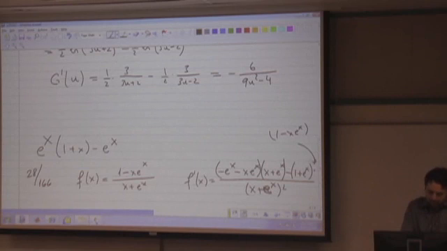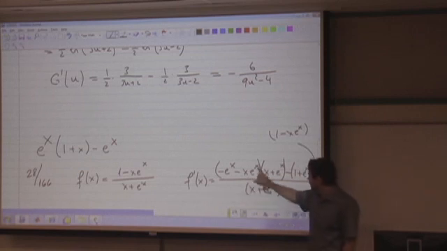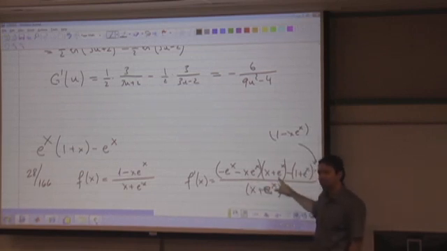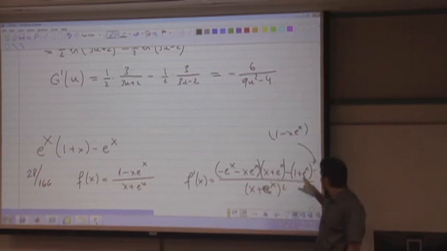And now the next step would be to actually multiply them out, because when you multiply them out, things will cancel out. Notice that you have x times e to the 2x, and then you have x times e to the 2x here as well, so they'll actually cancel out.